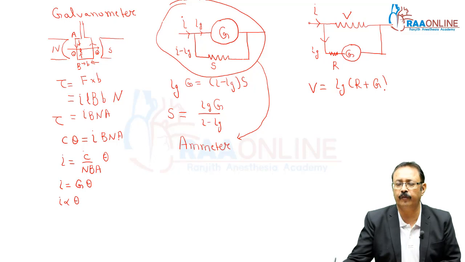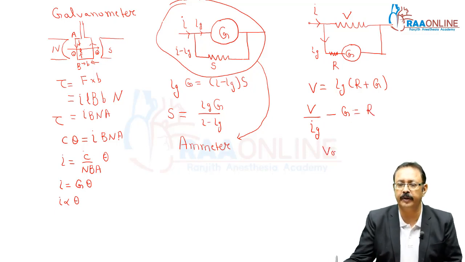If you know what range of voltmeter you need, V, and what current is required for full scale deflection, you can calculate the value of R by this formula. So now it is a voltmeter, and this was the principle of the voltmeter.